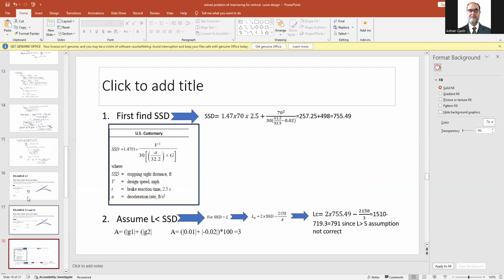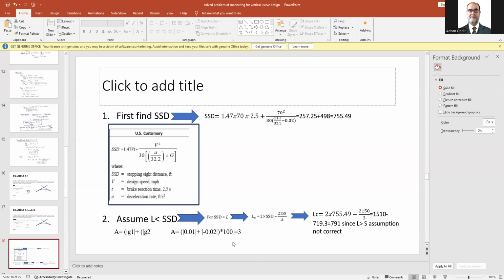First, for the conventional method, we have to find SSD, and we know how it is calculated. This SSD comes out to be 755.49 feet. If I assume that the length of the curve is greater than SSD, I find the length as 719.3 feet.